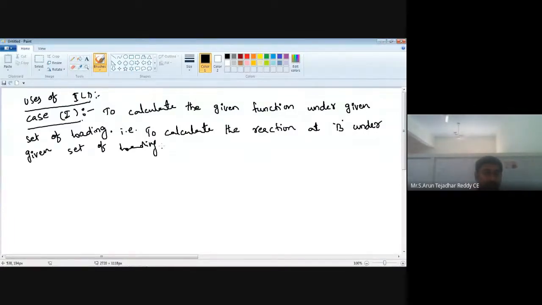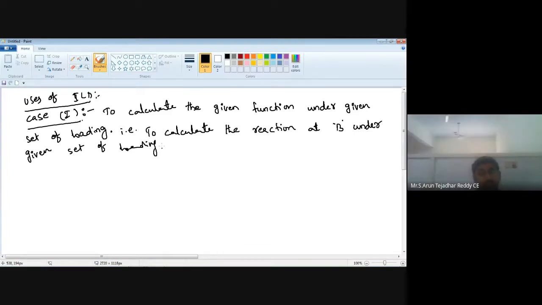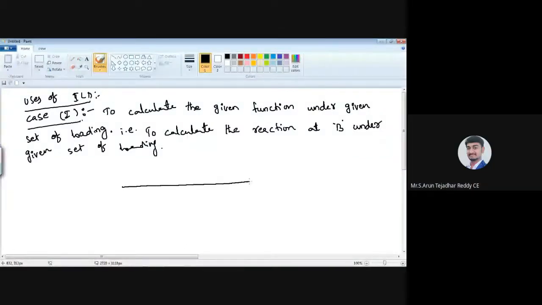So you can take a structure A, B, C, D like that. In that structure, so many loads are acting. Due to those loads, calculate the reaction at B. See the given diagram here.